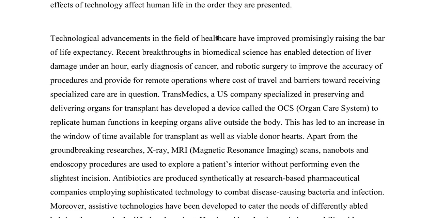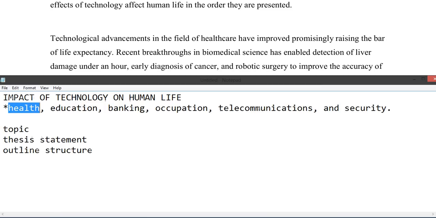No need to refer to a dictionary or Google. Just remember, a topic sentence is the sentence that tells the reader, okay, I'm going to talk about this topic in this paragraph.